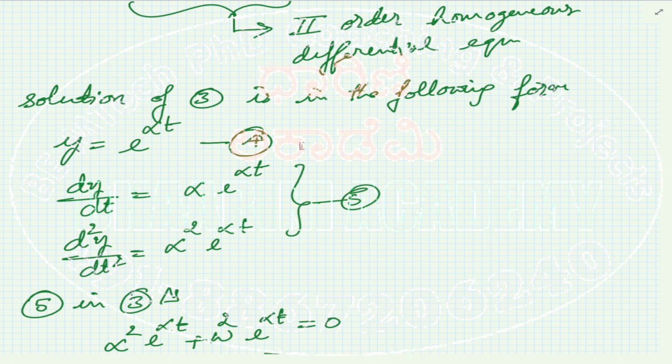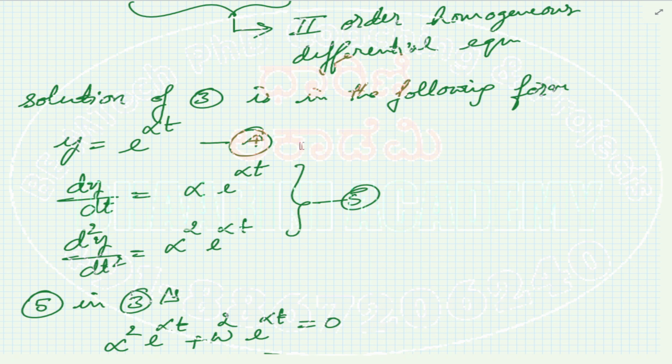At the same time, we calculate dy by dt is equal to alpha e to the alpha t, and d square y by dt square is equal to alpha square into e to the power alpha t. So differentiate once and twice, and call that equation number 5.